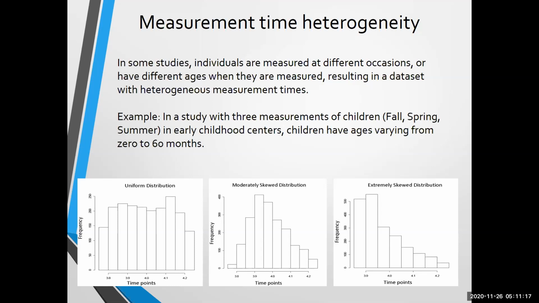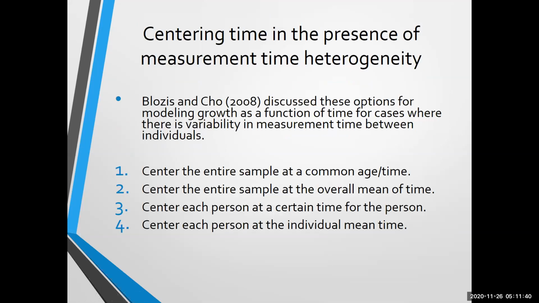These are some distributions that may occur when you have variability in measurement occasions. Uniform would be when you have individuals at about all time points or ages. You could have moderately skewed or extremely skewed, where most people are at the same time point or same age, but there are some that are more, right? You can observe any of these in a data collection. Now, when you have heterogeneity, you need to define what 0 means.